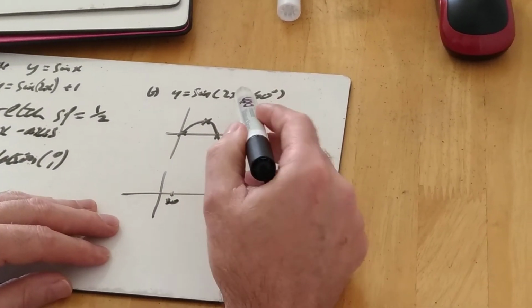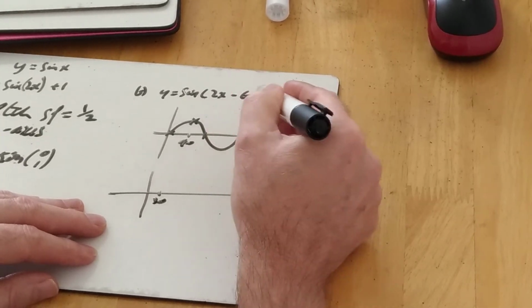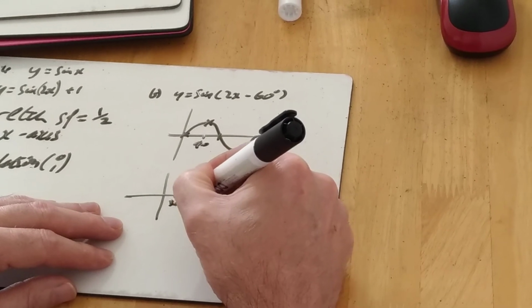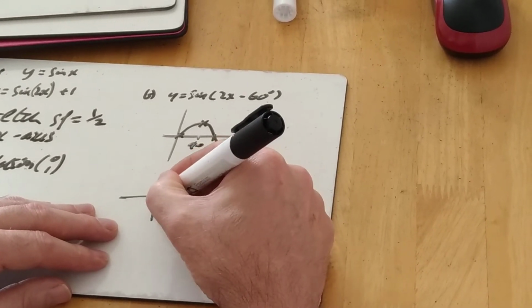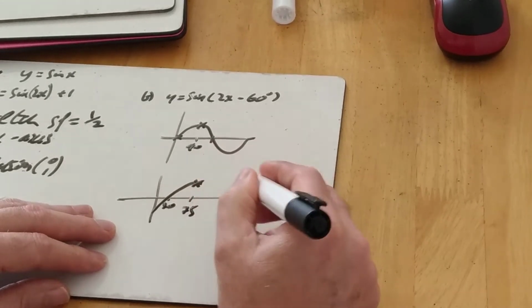Where will it top out? This one tops out at 90, the basic sine curve. If I make the bracket equal to 90, 2x equals 150, this one will top out at 75, so it's going to be doing that sort of thing here. So let's have a think what's happening.